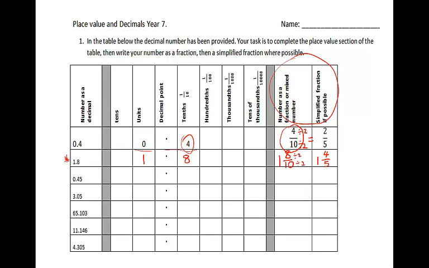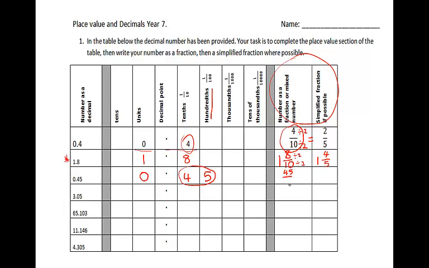Alright, if you've had a go at these and you've had some success, you should have something written like this on your table. 0.45, which means we've got 4/10 and 5/100 to deal with, or we could say that we have 45/100. So what does 45/100 look like?